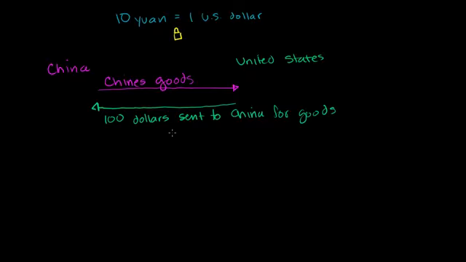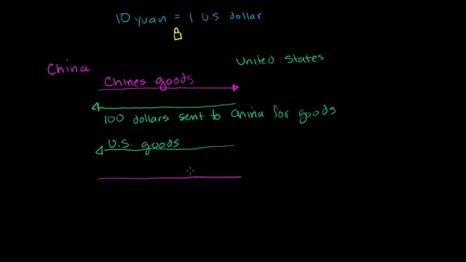And let's say on the other side of this equation, some goods are sent from the US to China. Some are exported. So US goods are exported to China. And then we sell them in China, and then we get some yuan in return that go back to the United States.